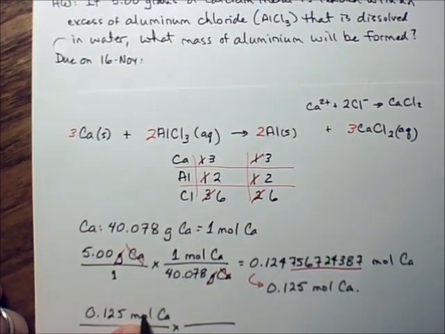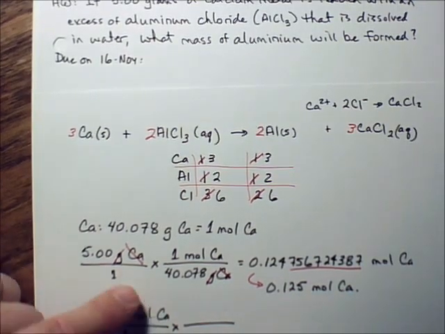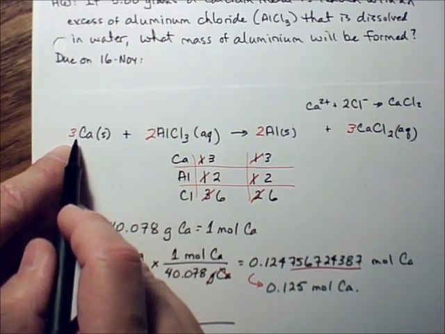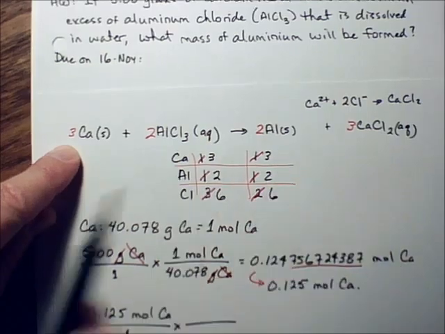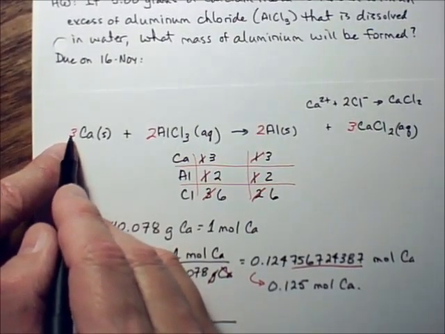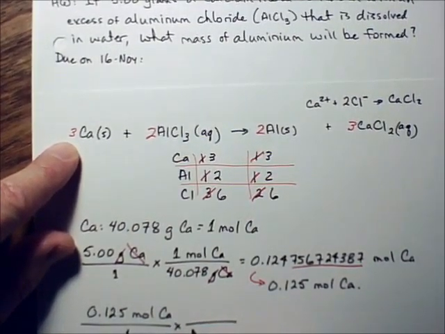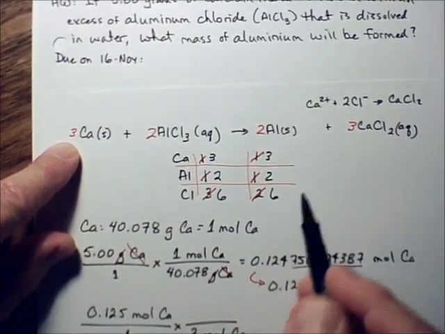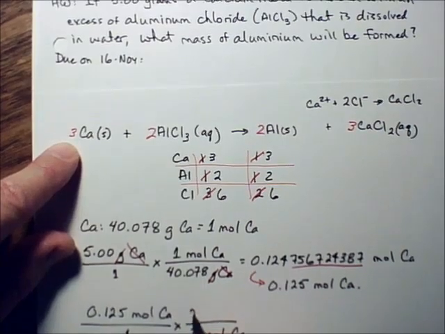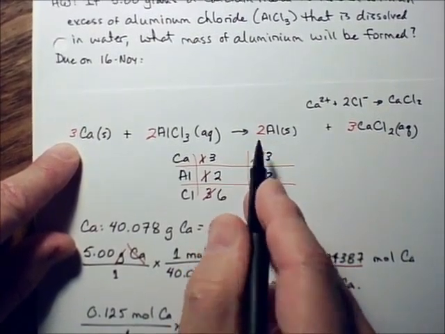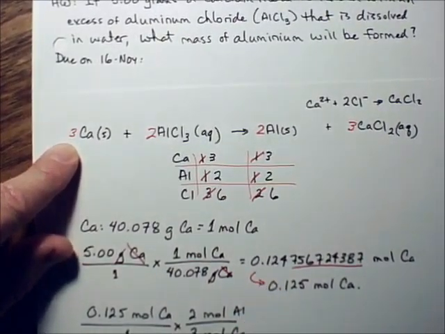All right, so we want to match units and species in this part of the problem with what's down here. And so this 3 up here can represent 3 moles if we have all the coefficients represent moles. So we can say 3 moles of calcium and match the units and species here on the bottom. And then since we're trying to get to aluminum, we want 2 moles for that coefficient of aluminum on the top.